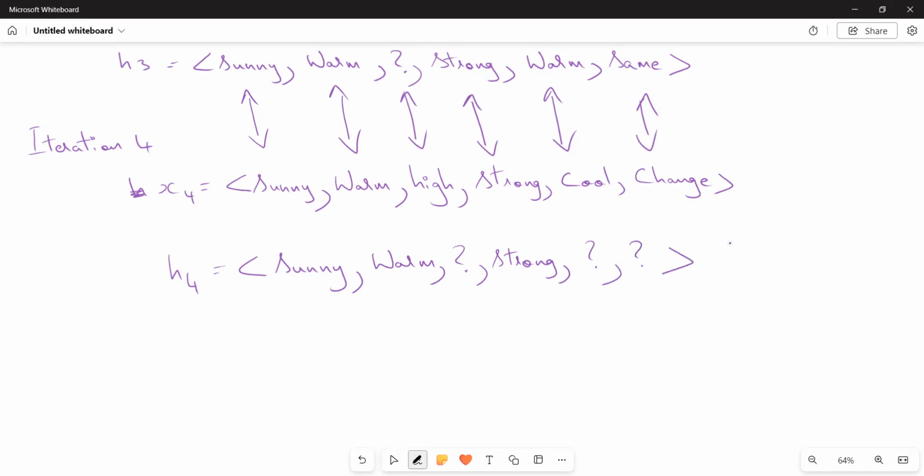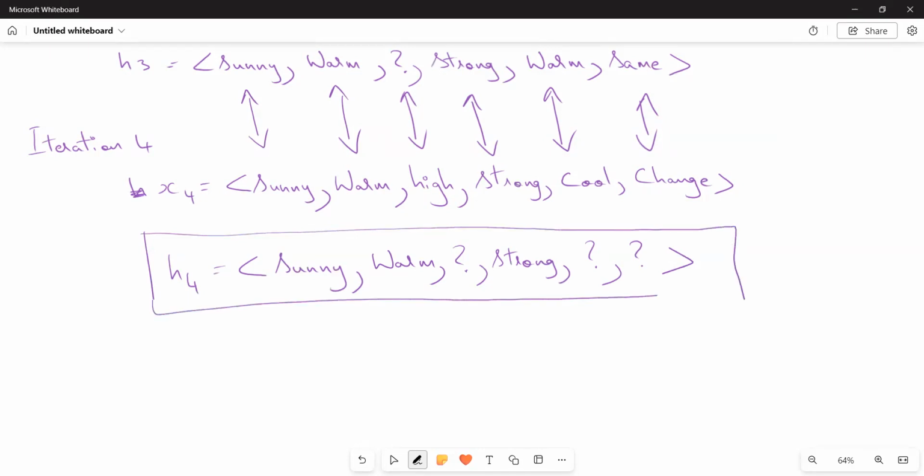So this H4 is your output for the maximally specific hypothesis.